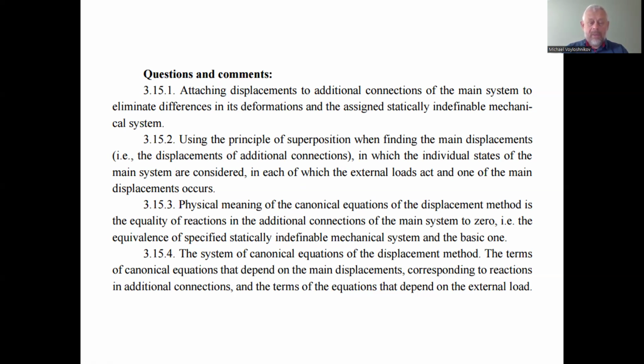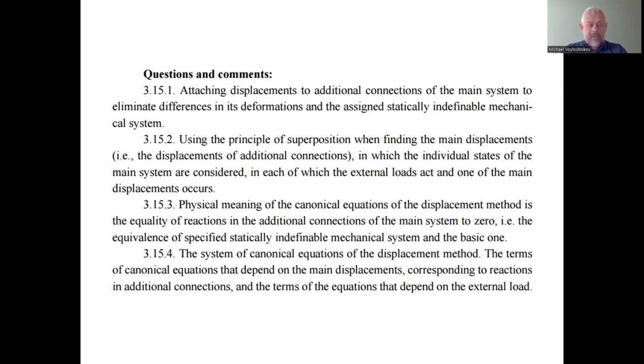So when we consider the system of the equations of displacement method, we have to consider all forces acting in the installed and adopted extra connections in the directions of the limitation of the displacement by these adopted extra connections.